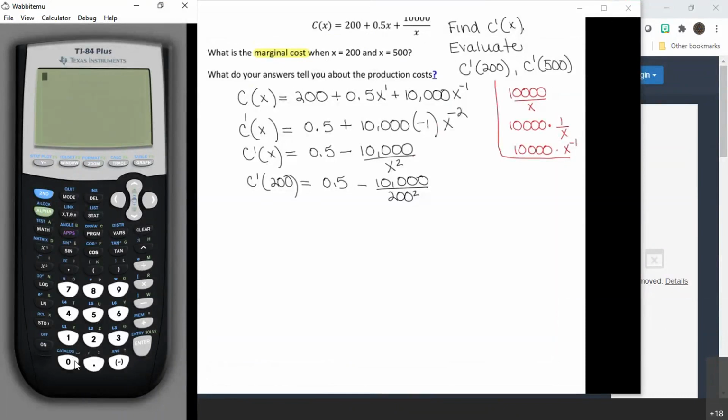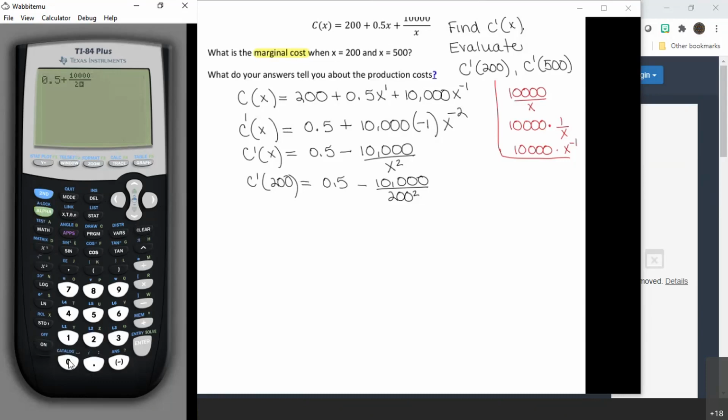So this would be 0.5 plus 10,000 over 200 squared. I like using my fraction template, which is alpha, y equals, and then pick the first one, numerator over denominator. That saves me worrying about how to parenthesize a fraction.